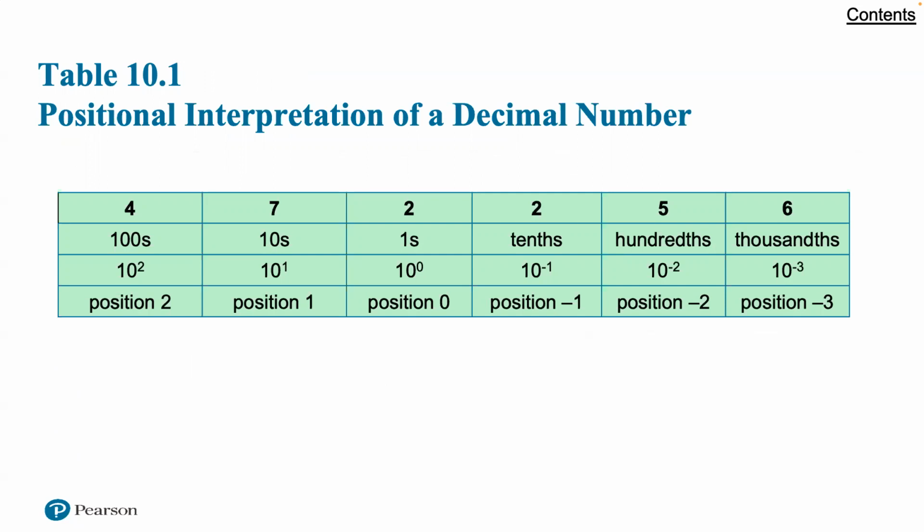Each position is weighted 10 times the value of the position to the right and 1/10 the value of the position to the left. Thus, positions represent successive powers of 10. If we number the positions as indicated in Table 10.1, then position i is weighted by the value 10 to the i.